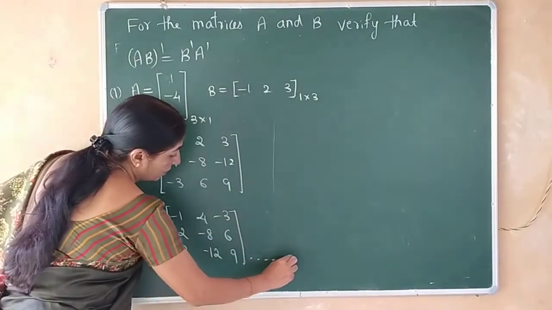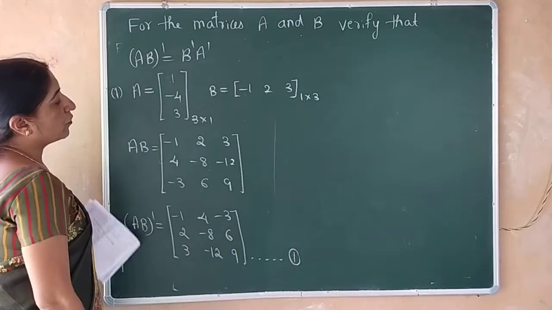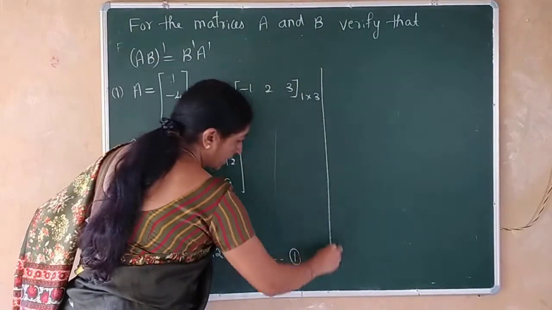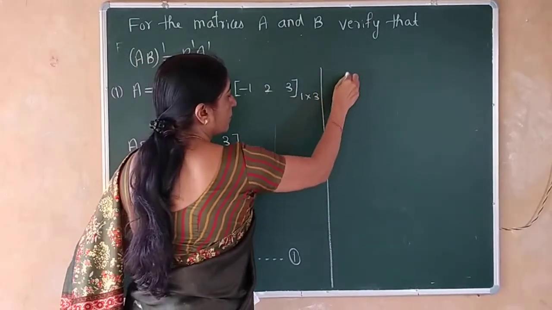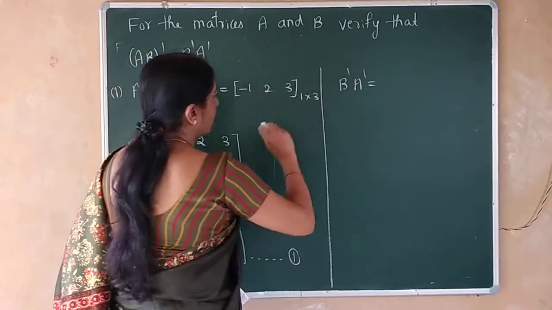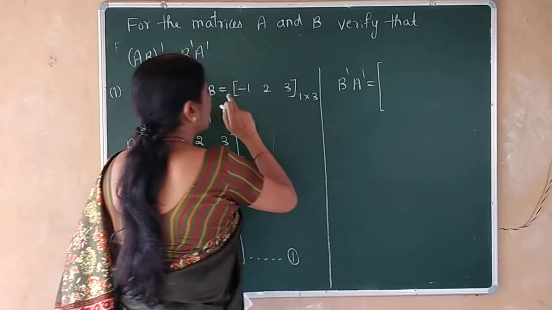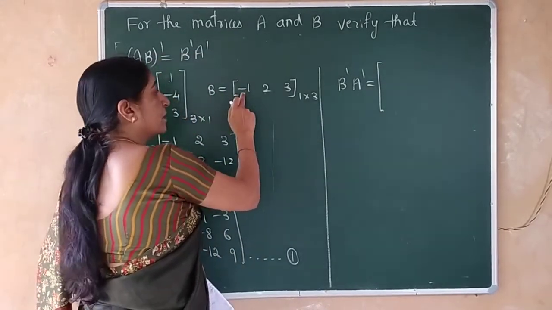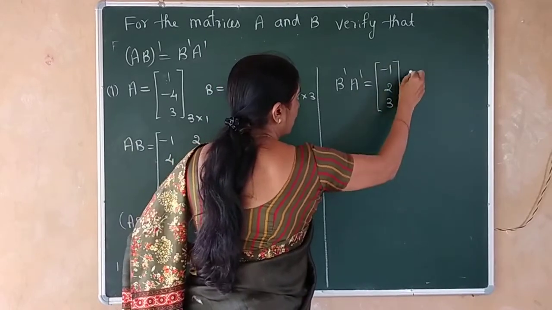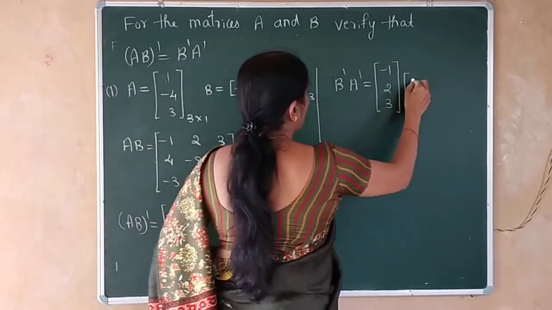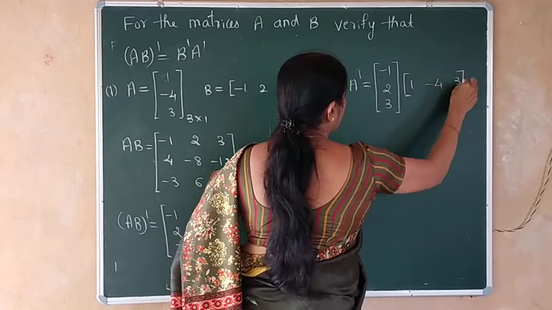This is equation 1. Now I am going for the next part. What is the next part? In the next part I am multiplying B transpose into A transpose. That is, I am writing the transpose of B: [-1, 2, 3], and A transpose: [1, -4, 3].